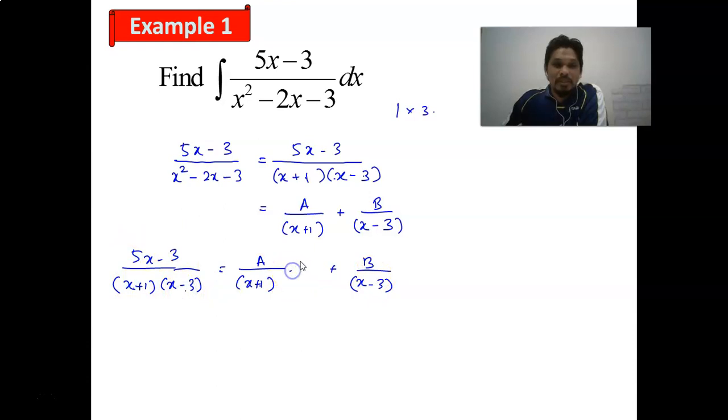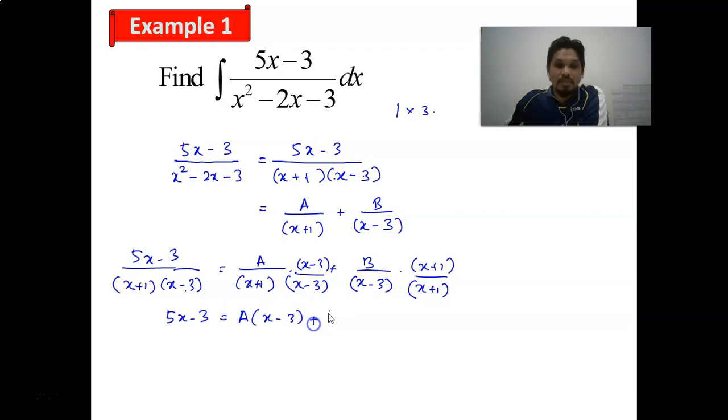So we multiply with x minus 3 and x minus 3, and the same goes to this one here, multiply with x plus 1 and x plus 1. Okay. So the denominators of these fractions are already equal now with the question here. So then we can just simply look at the numerator, which is 5x minus 3 equal to A(x minus 3) plus B(x plus 1).